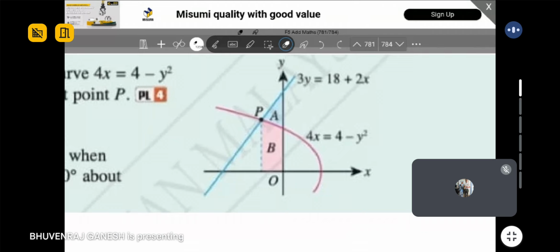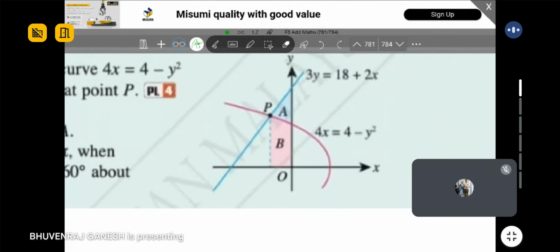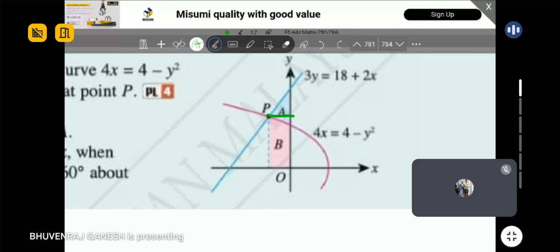Okay, because you have your coordinate P already. Okay, so coordinate P is actually, wait, let me check and see. -3, 4. So means that this value is 4. Correct? And you can find out this value also. Okay, it's the pintasan y.